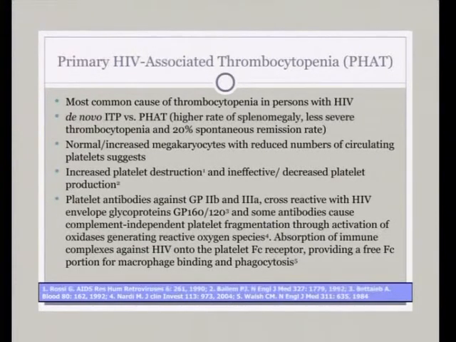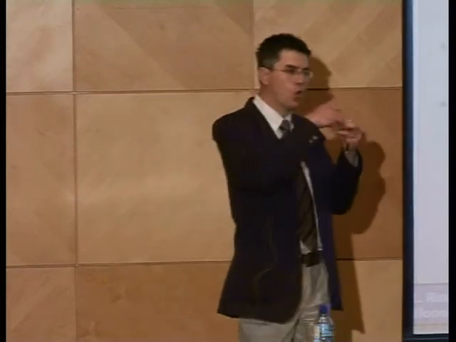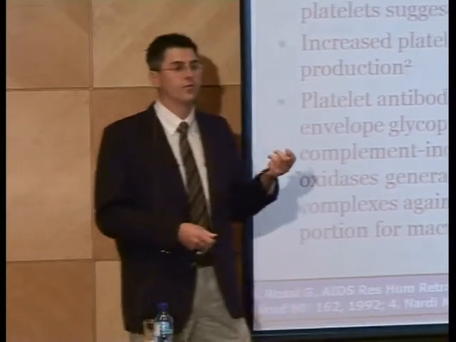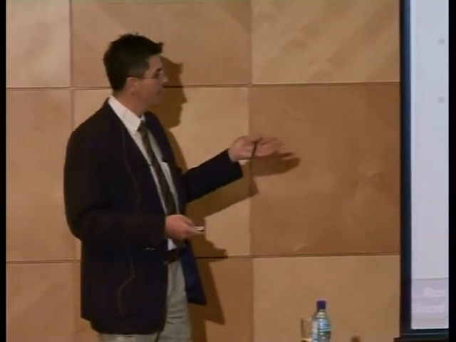And there's complement-independent platelet fragmentation. Not only that, but these immune complexes can adsorb to the surface of the platelets and then opsonize those platelets for phagocytosis by macrophages in the reticuloendothelial system.